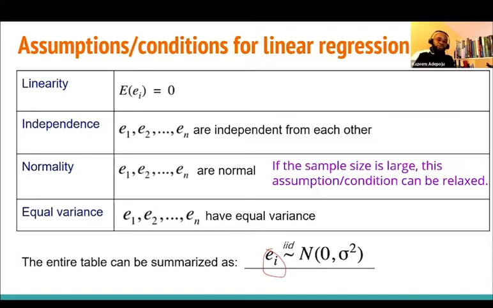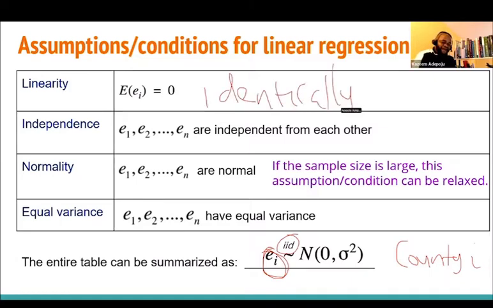And the assumption here is that the error or residual from any of the counties in the United States is IID, which means identically and independently distributed. Let me write that.